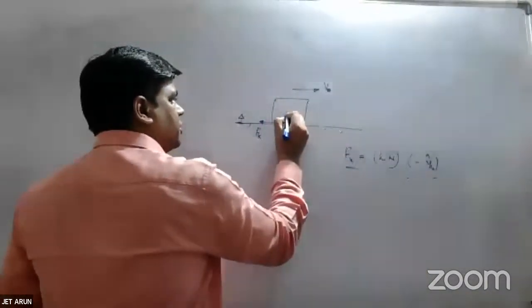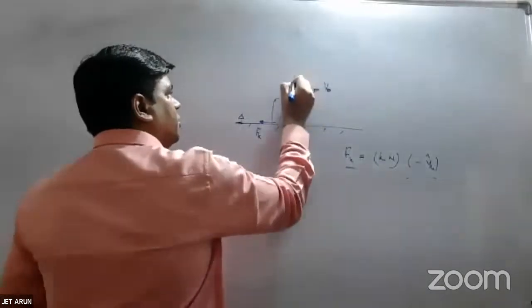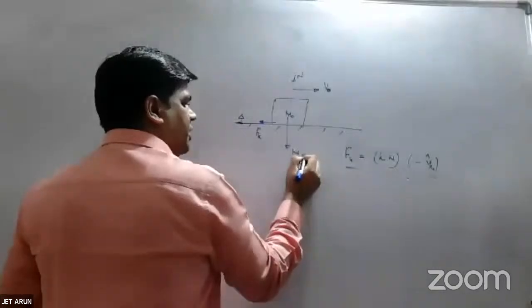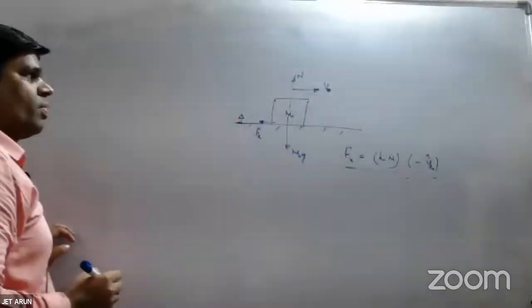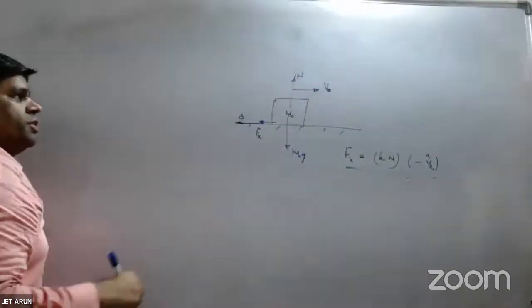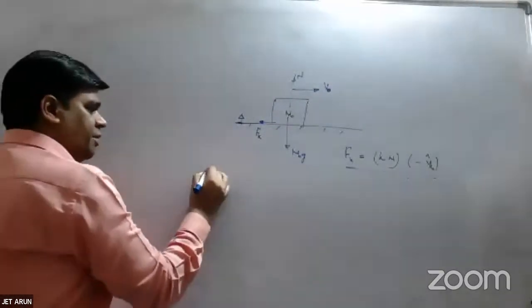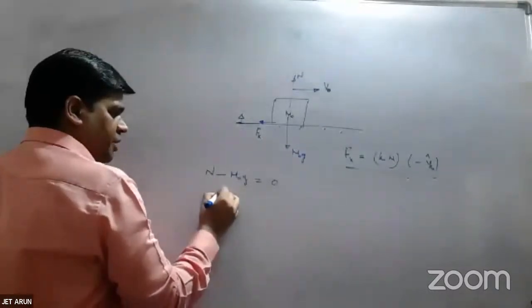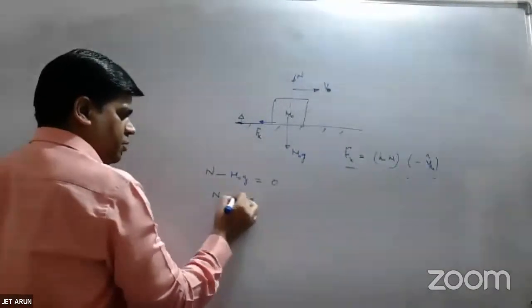So if mass is m naught, normal reaction is n, gravitational force is m naught g. Vertically there is no motion, so n minus m naught g is equal to 0, so n is equal to m naught g.